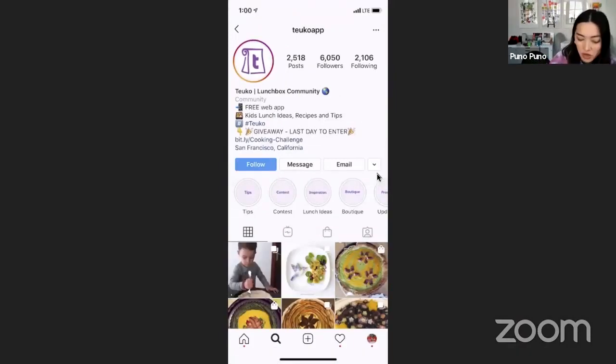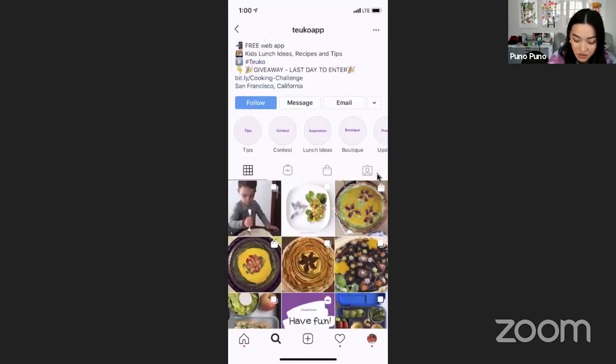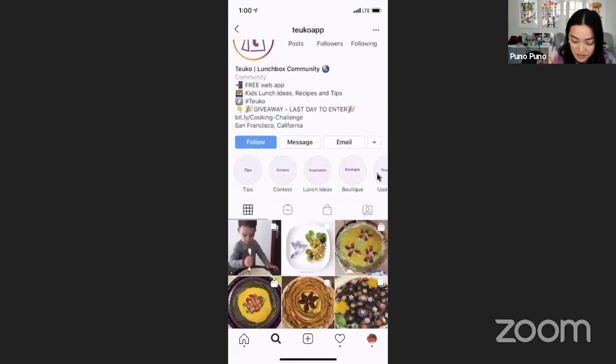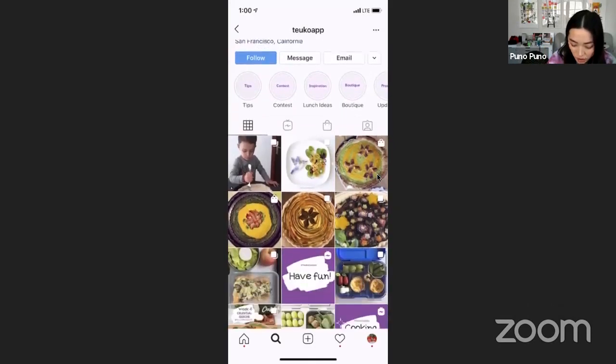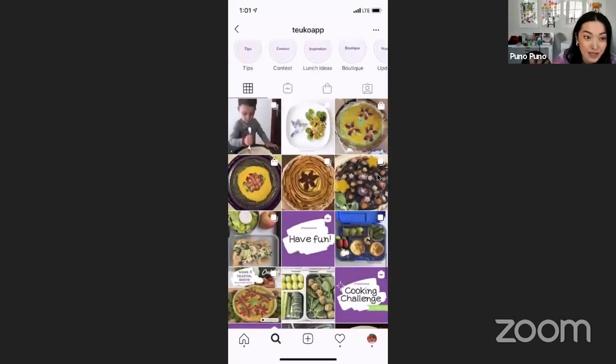All right. What I'm seeing is a lunchbox community. So I think it's an app that allows you to get recipes for kids. And I see a kid there. So honestly, that reemphasizes it to me. But I think what I'm also saying, I was just about to say the word fun.